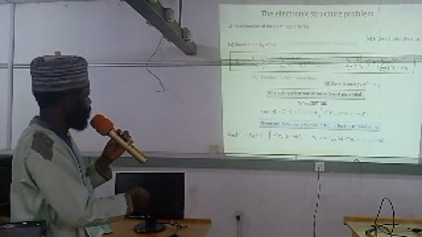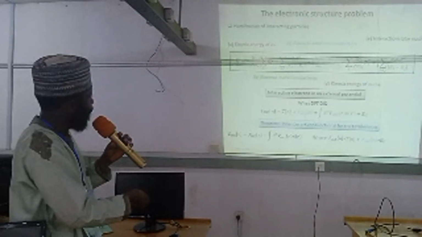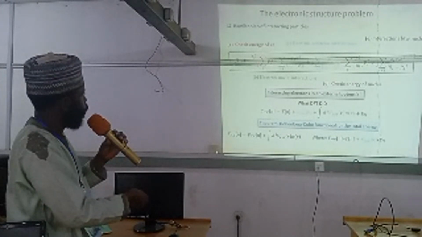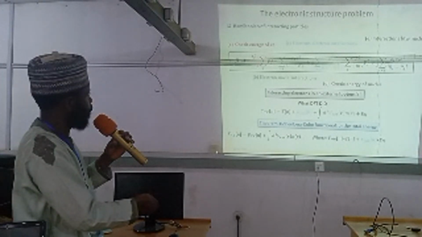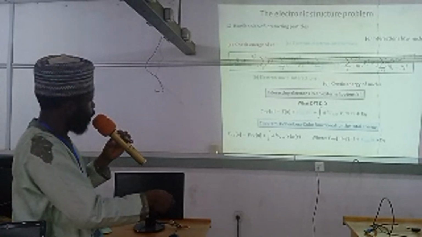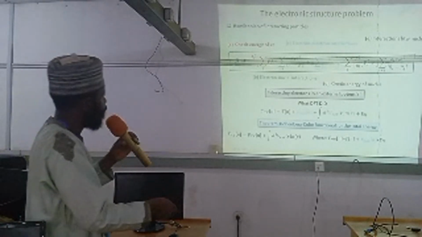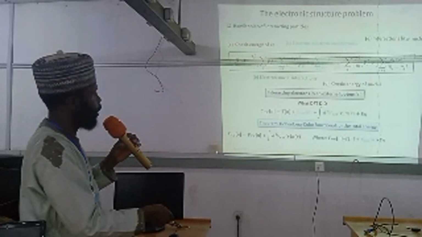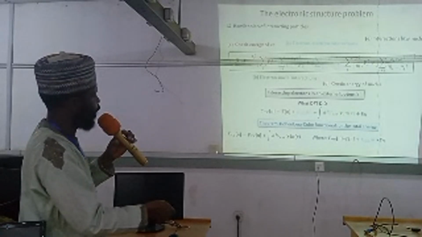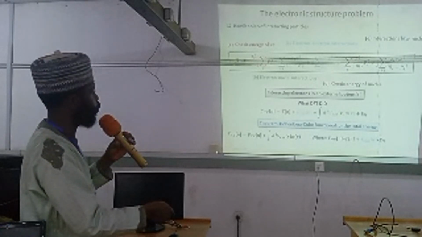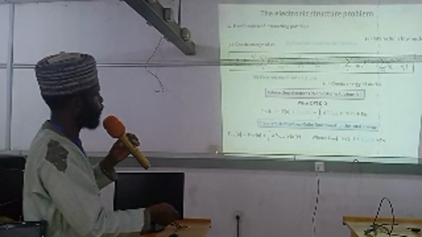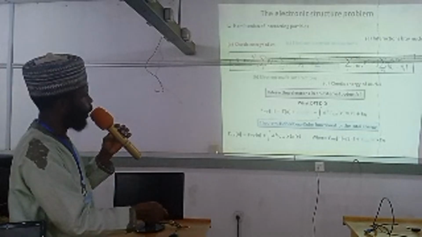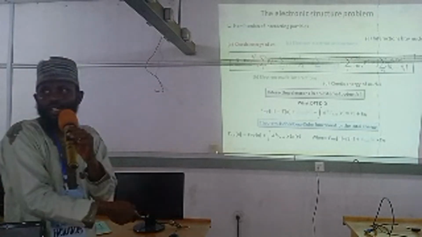This is the Hohenberg-Kohn functional, which proposed the Hohenberg-Kohn relation, where the functional is given by the kinetic energy operator plus the internal energy operator plus the nuclei interaction.